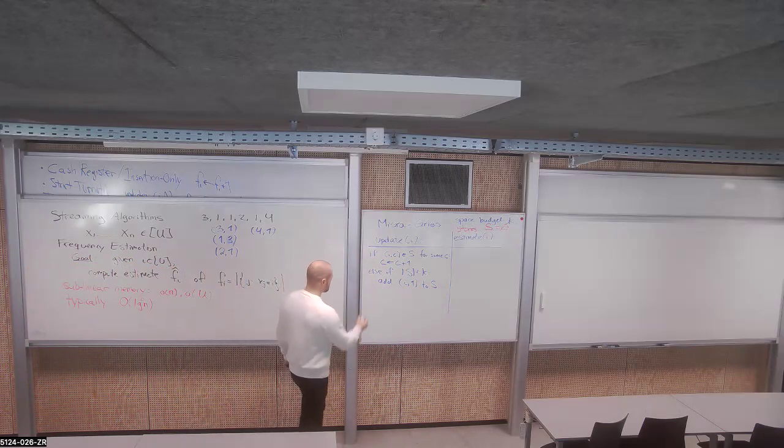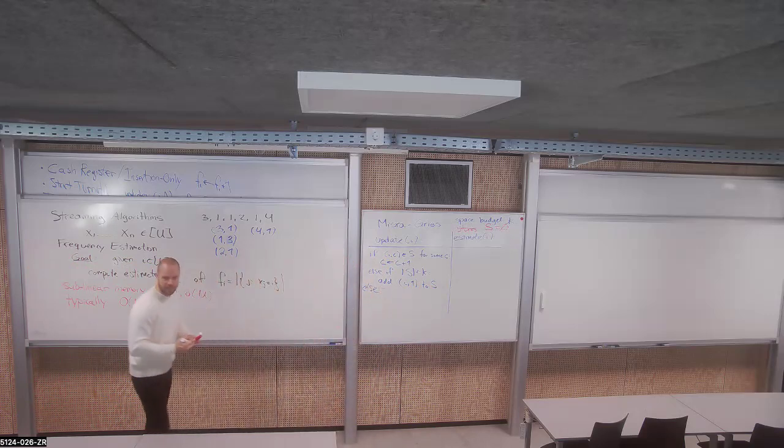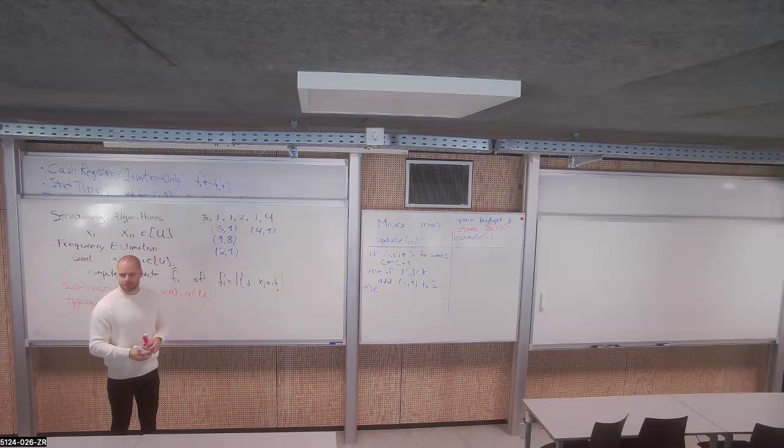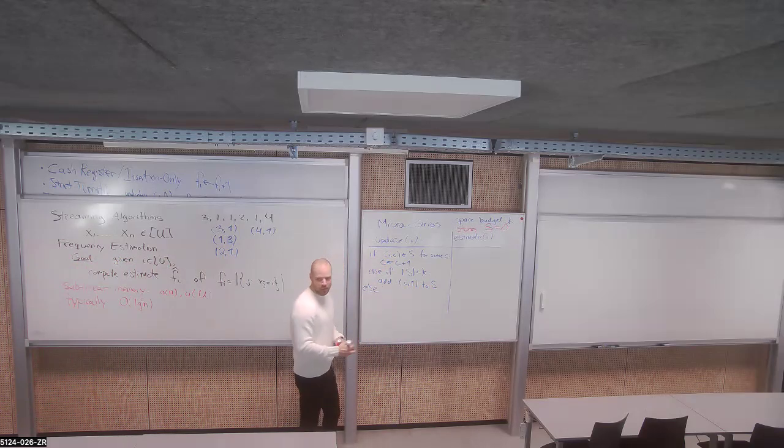Of course, the interesting part is, what if we're out of space? So there's no more space in our data structure. We used our space budget, and we're not storing a counter for I among our points.